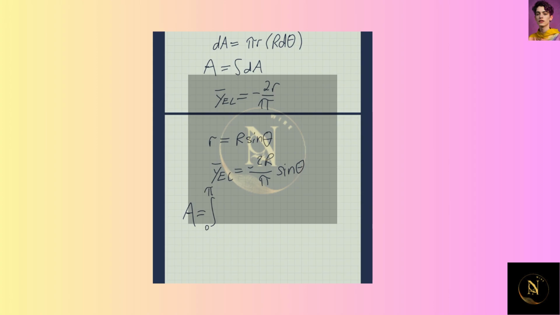So now let's solve for the area, which we'll need to find the centroid. We're going to integrate from 0 to pi over 2, or a quarter of a circle, because that is the entire quarter hemisphere we're looking at.